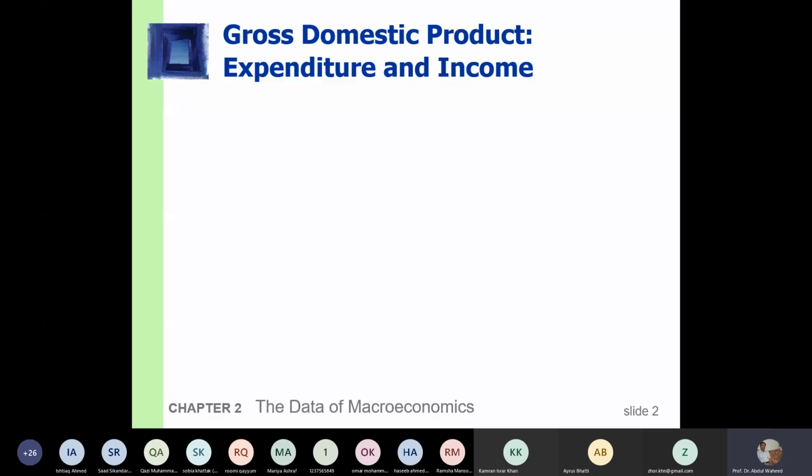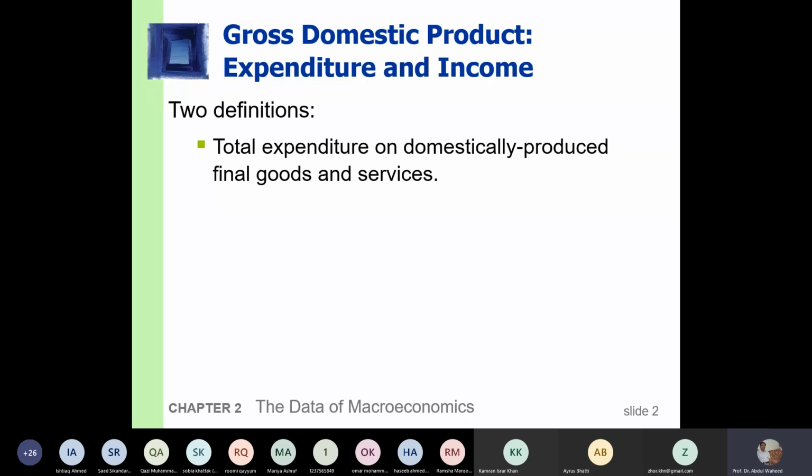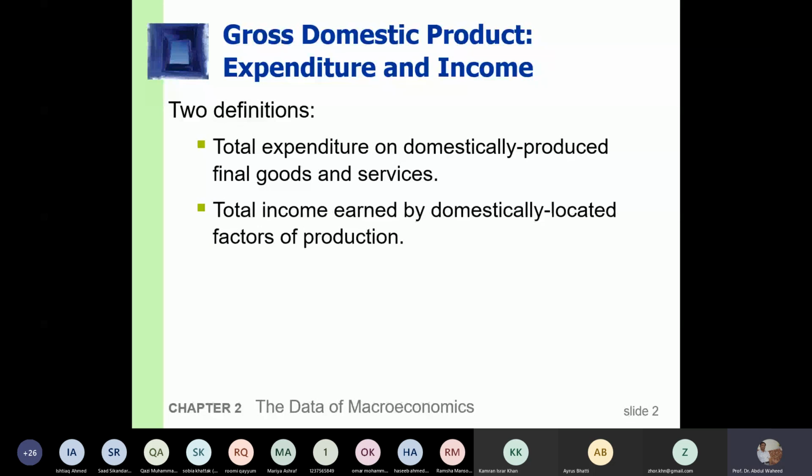If you want to evaluate the performance of an economy, the first and most important indicator is gross domestic product. And there are two definitions. One is the total expenditure on domestically produced final goods and services.